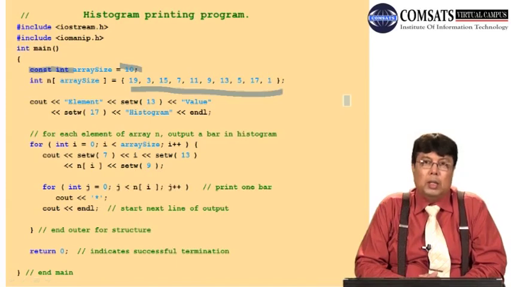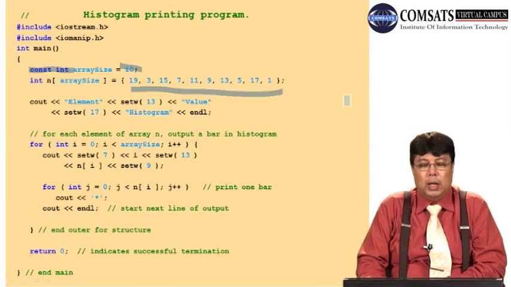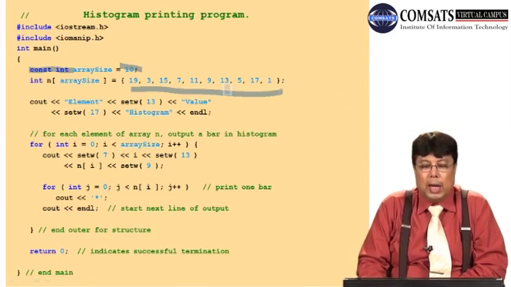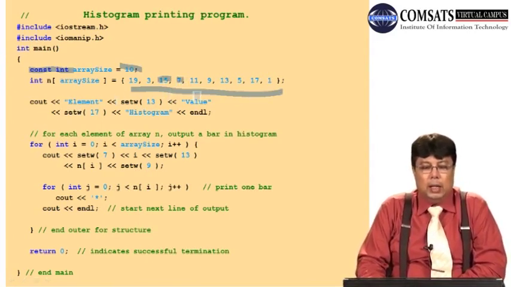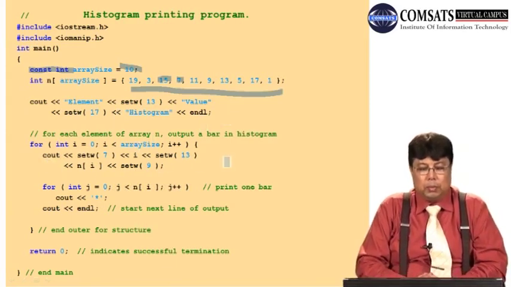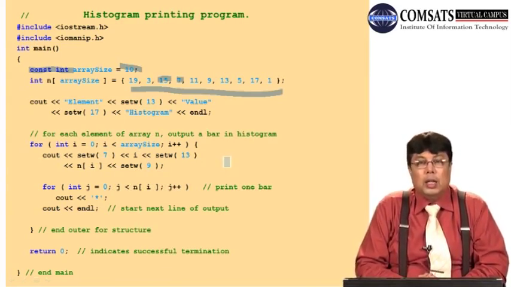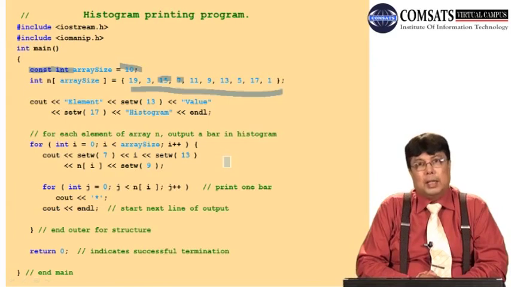For the array element n of 0, it should print 19 asterisks, for the next element 3 asterisks, then 15, then 7, and so on. Here is just the heading, the element and the histogram, and then the output, which should contain the asterisks.